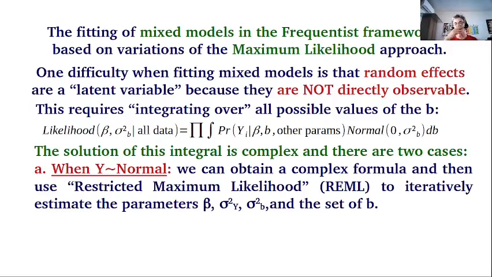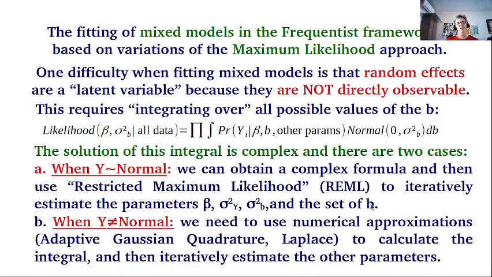In this way we iteratively estimate all these parameters: the fixed effects, the variance of the response variable, the variance of the random effects, and the set of coefficients b. When the response variable does not have a normal distribution, we don't have a complex formula, and we need to make numerical approximations.